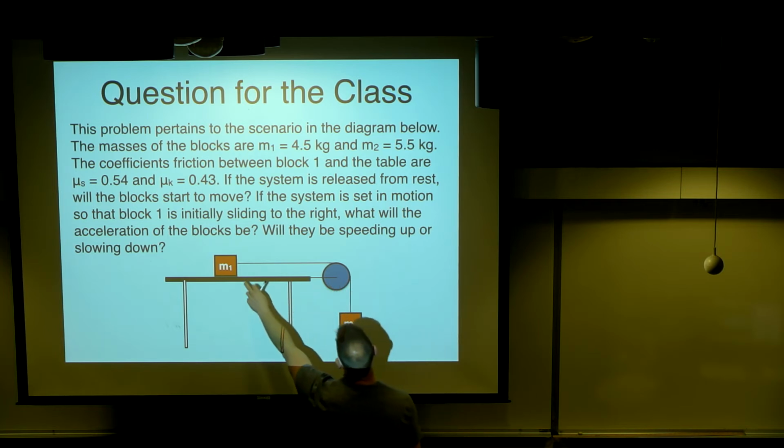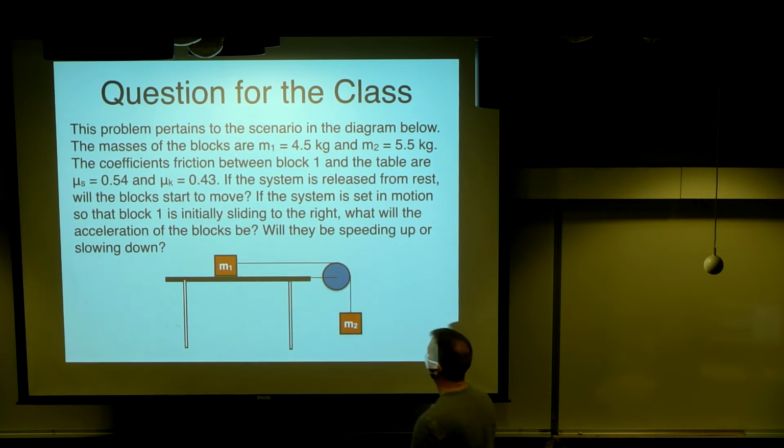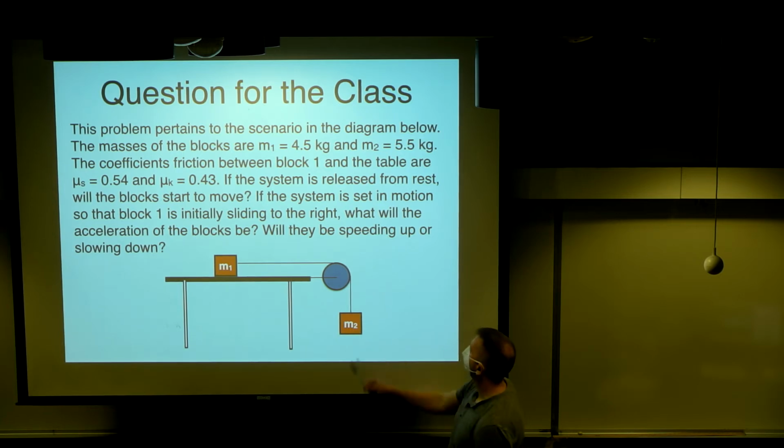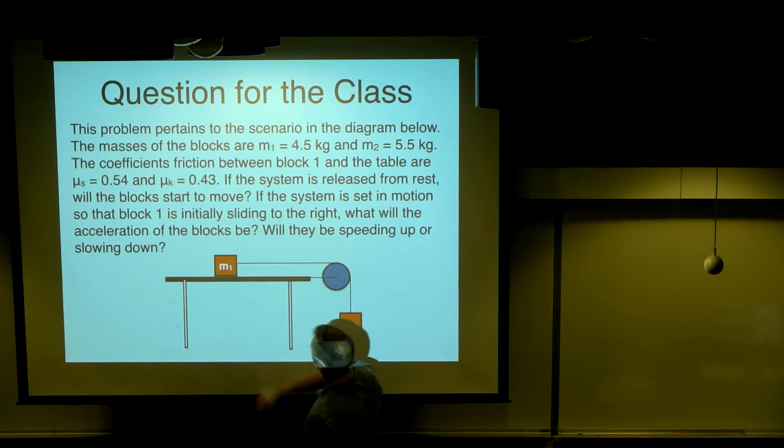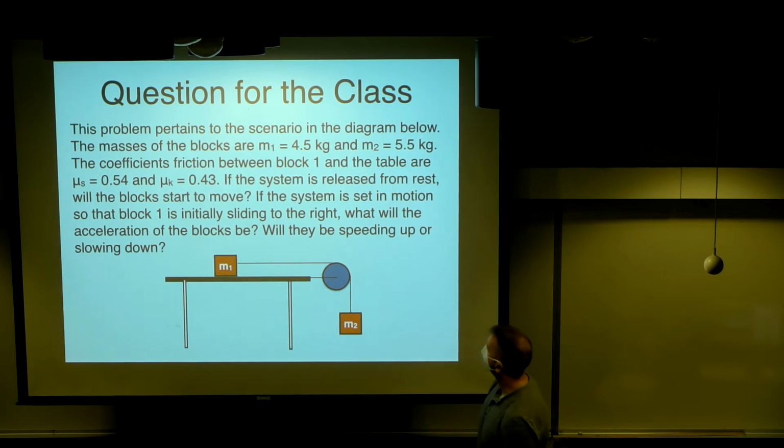The mass of this one is 4.5 kilograms. And then you've got M2, which is hanging off of a pulley, which is 5.5 kilograms. Let's suppose that there's friction between this block and the table that it sits on. The coefficients of friction are given there: the static coefficient is 0.54, and the kinetic coefficient is 0.43.